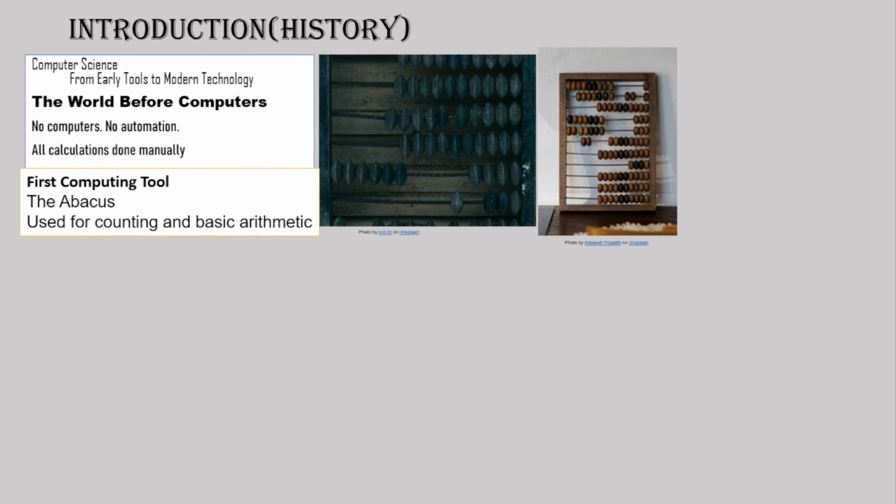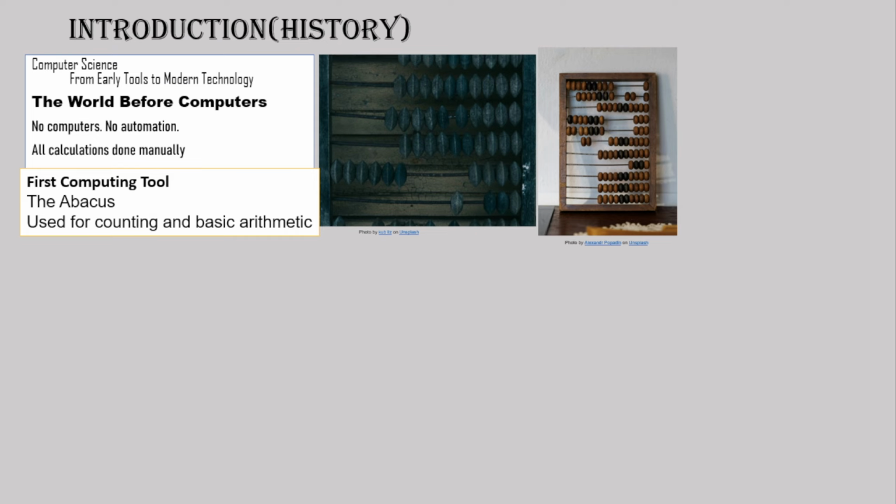Every calculation, every record, every process was done manually by humans, right? So imagine you trying to calculate large numbers without a calculator or software as we use today, right?